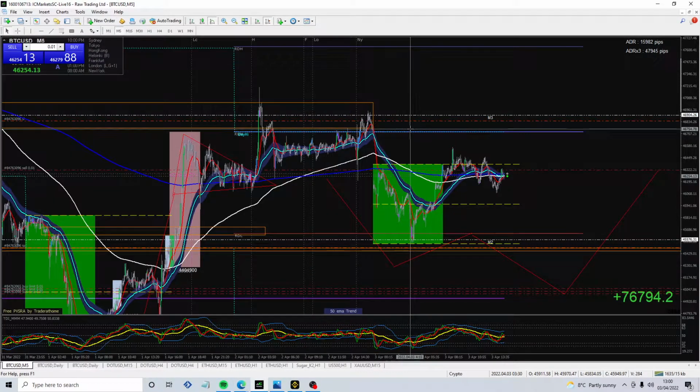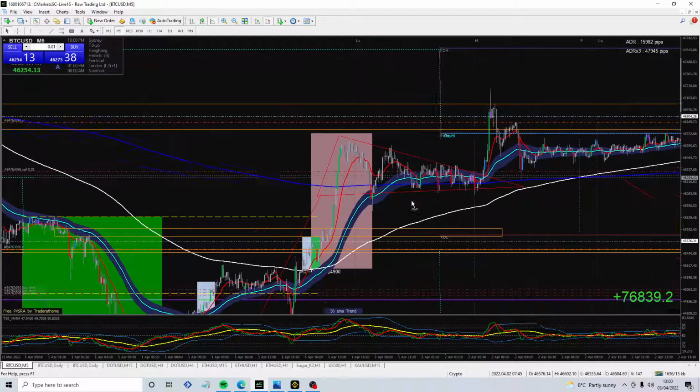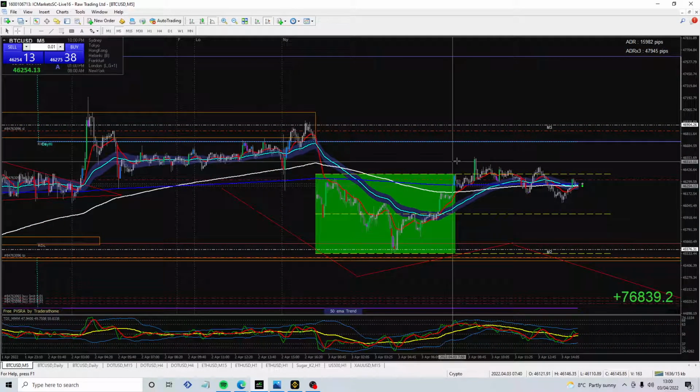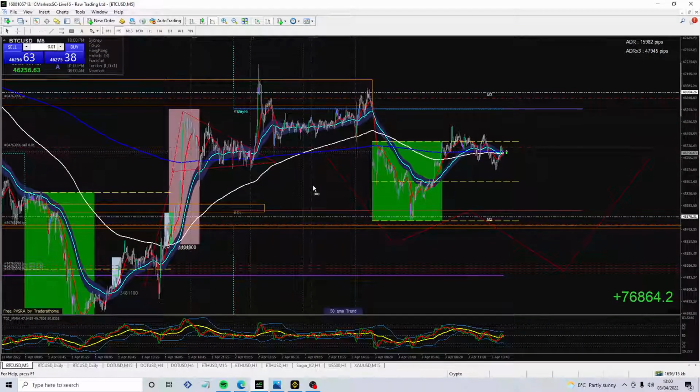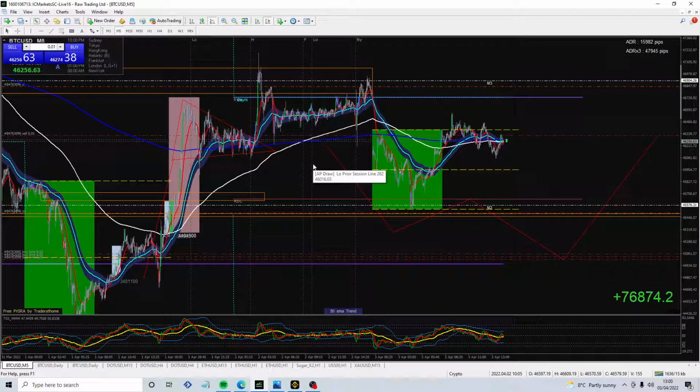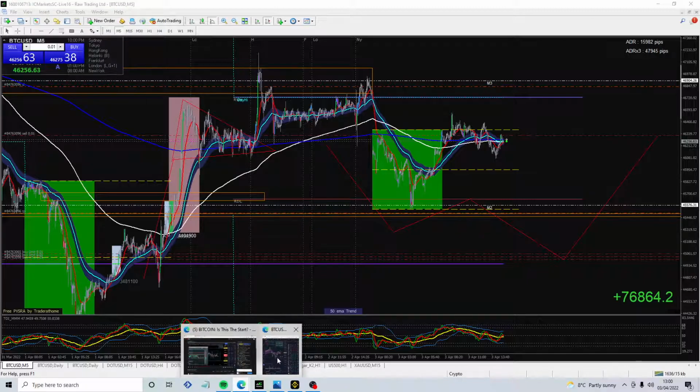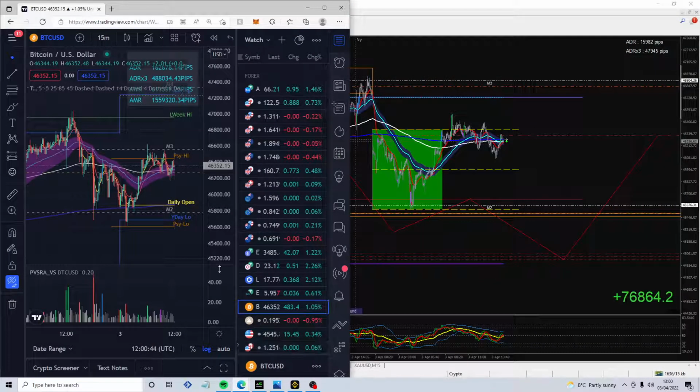I don't think they're going to come recover the gap, for the simple fact that everyone's going long expecting it to get to the gap, and they want to force people to go short here. Also, retail traders don't see this gap, because everyone trades on Binance, Huobi, Coinbase, Gate, all those exchanges.